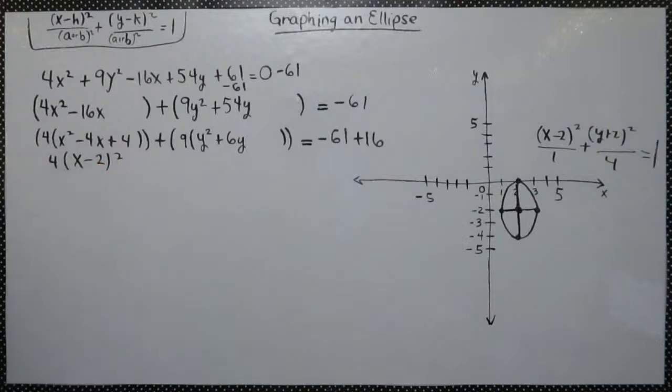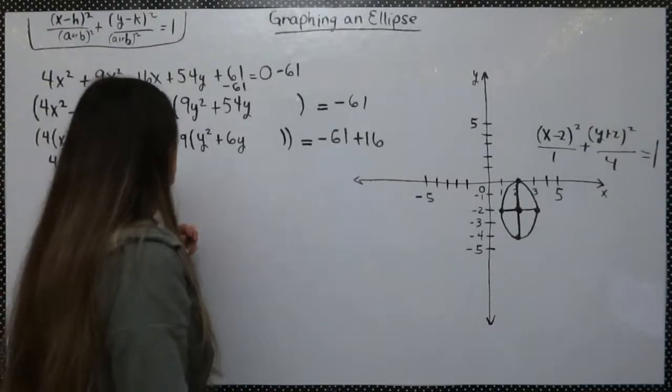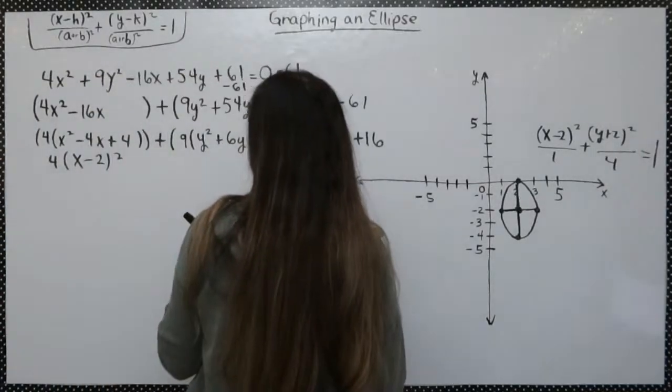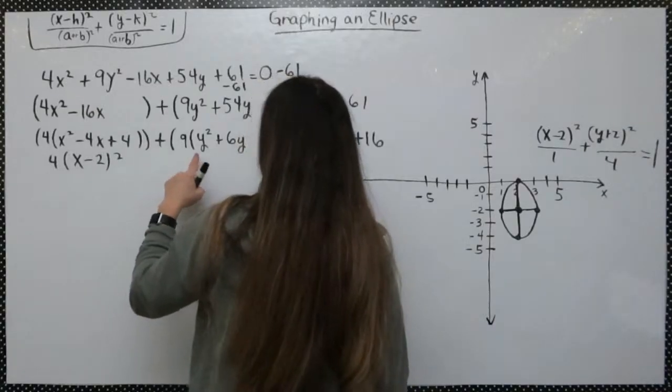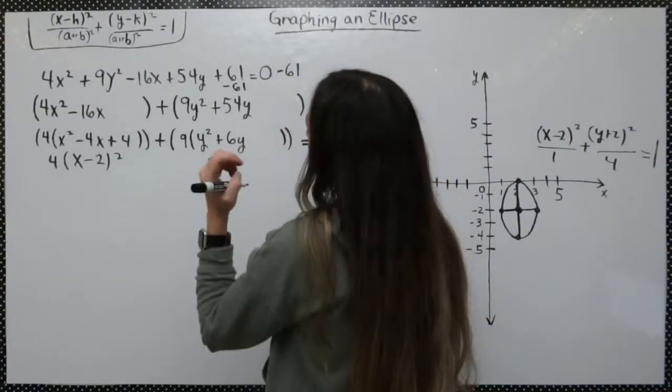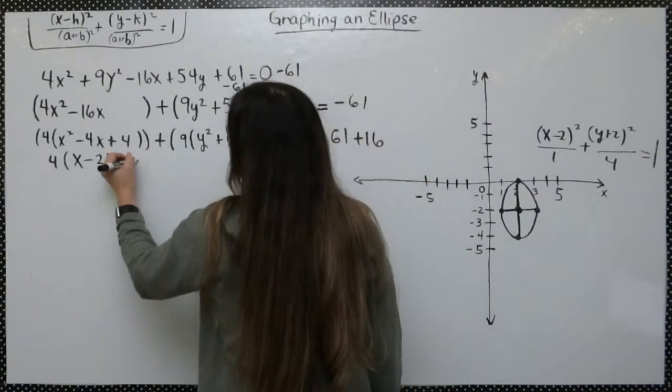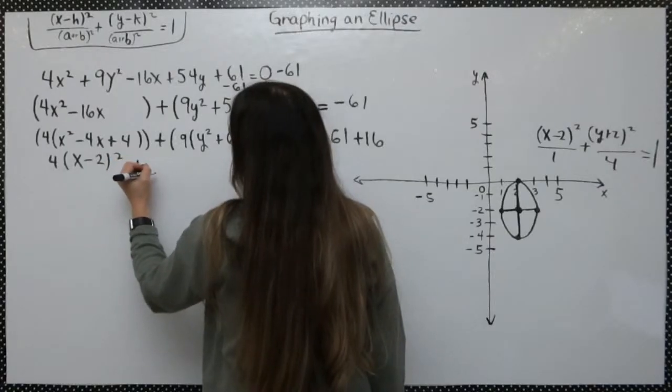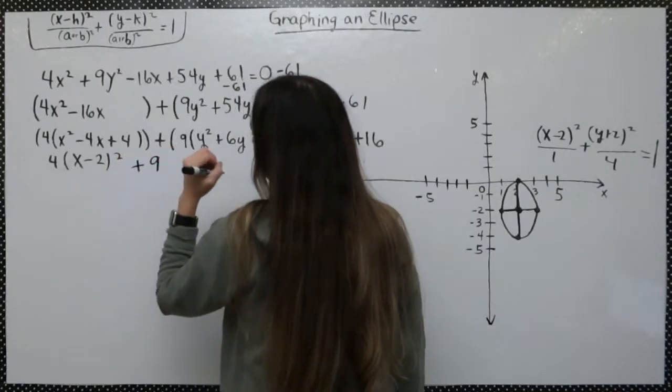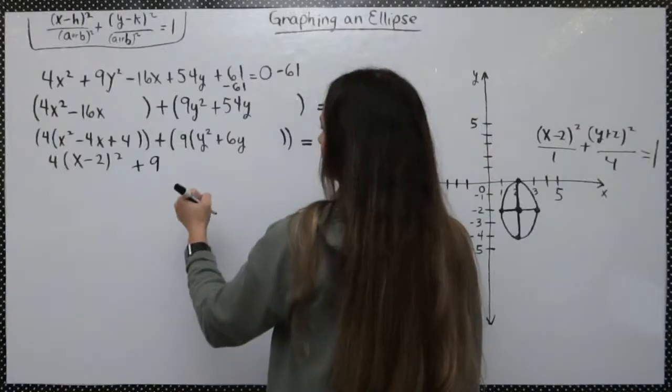We don't need it anymore. And then we're going to do the same thing here with this 9. So it's going to be plus 9. We'll go ahead and write it because we're going to remove that second parentheses in a minute.